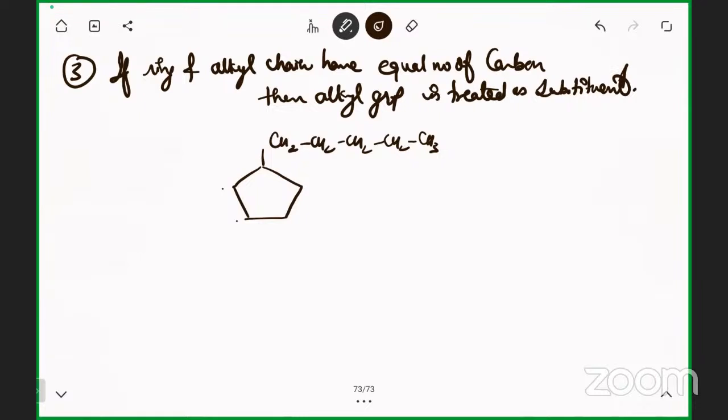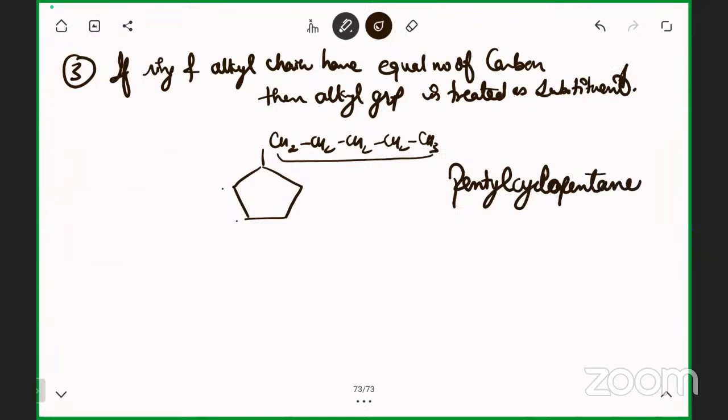For 5 carbons we use pent, and in the side chain it will be pentyl. And the ring is cyclic in nature, so you write cyclopentane: pentylcyclopentane. Clear?